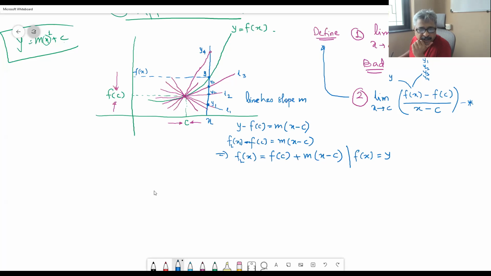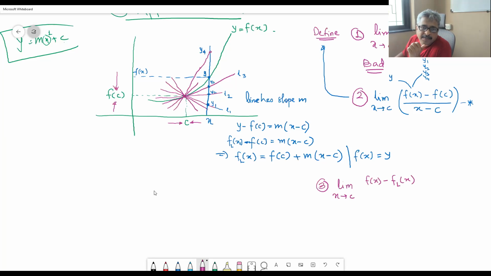What we need to define maybe is a third definition, a third trial, that limit as x tends to c. What we need to define is the value of the function at x minus the value of the function on the line. We want to minimize this difference.